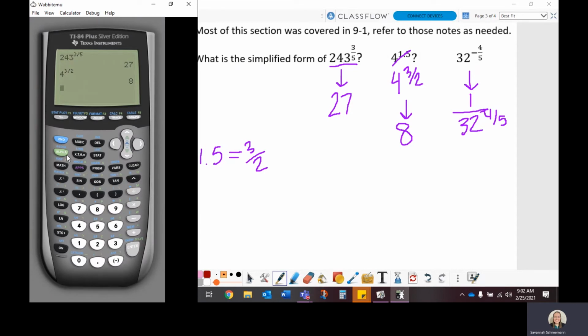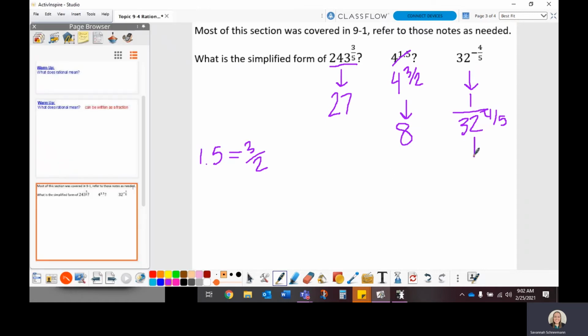I'm going to do alpha, y equals, and then option 1 because that's for our fraction. I'm going to put a 1 on the top, hit down, and then do 32 raised to the 4/5 power. That's going to give us a fraction of 1/16.